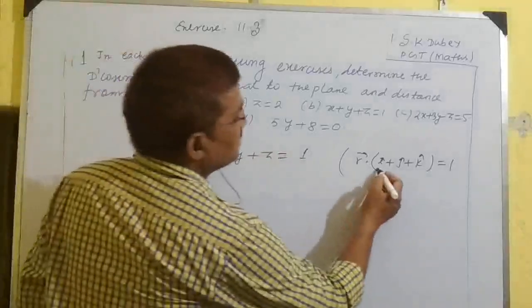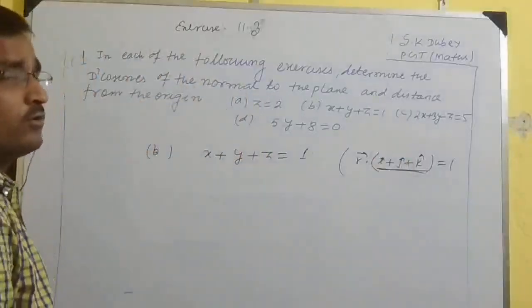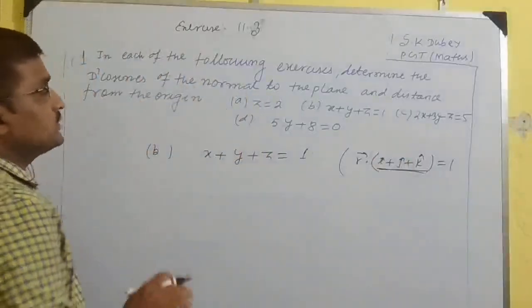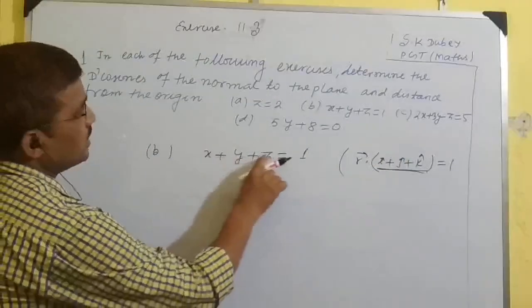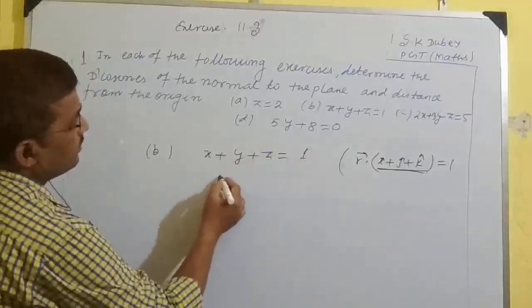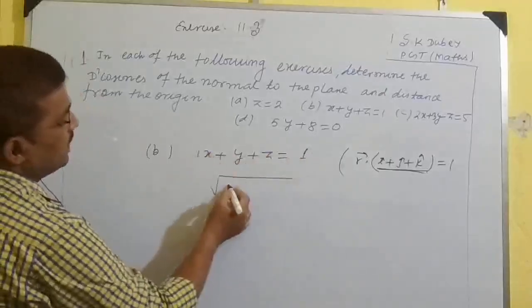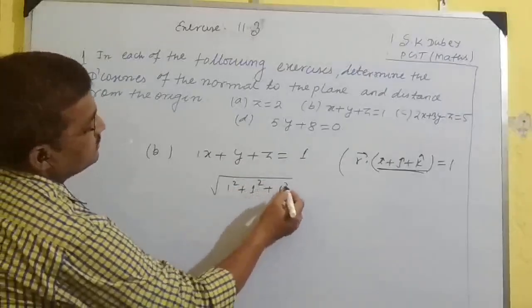Now this vector is not the unit vector perpendicular to the plane. So first of all, we will divide this plane to both sides by under root 1 square plus 1 square plus 1 square.